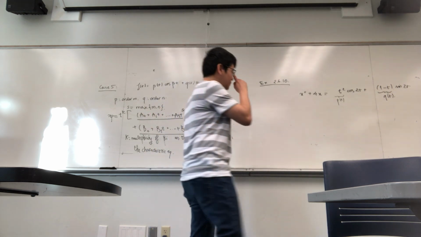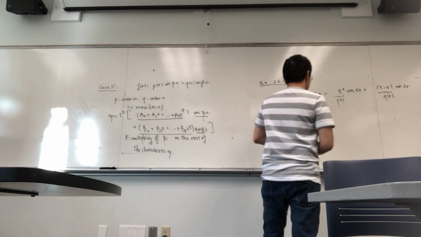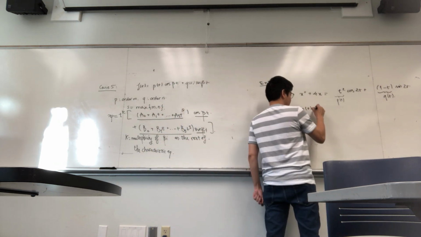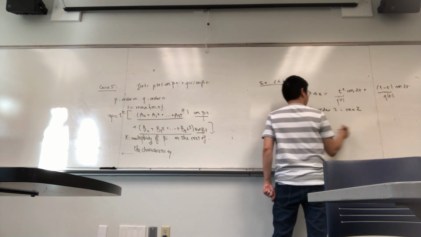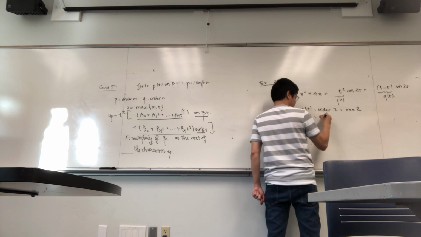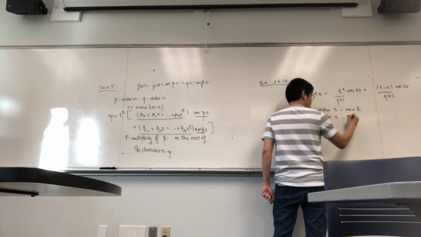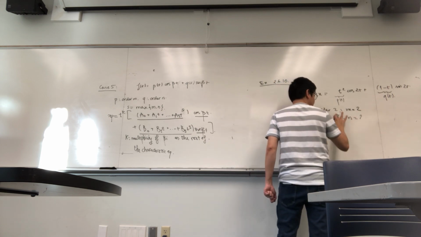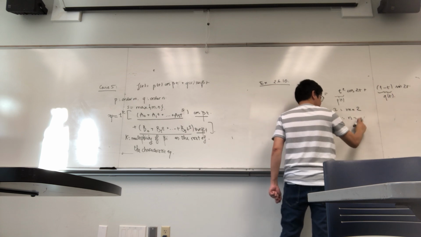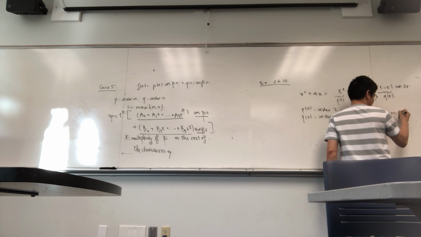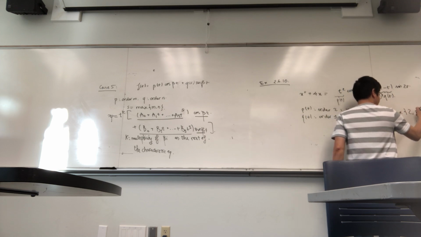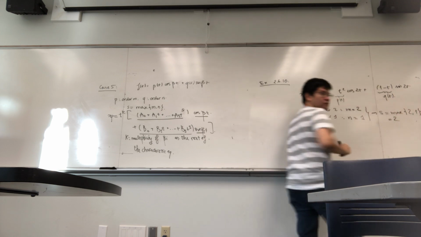So p(t) is of order 2, so m is equal to 2, and q(t) is of order 1. You're going to take the max of 2 and 1, and this gives you 2. All right?